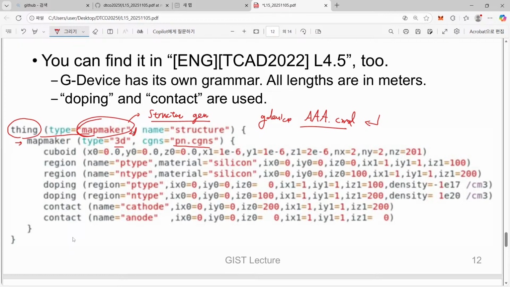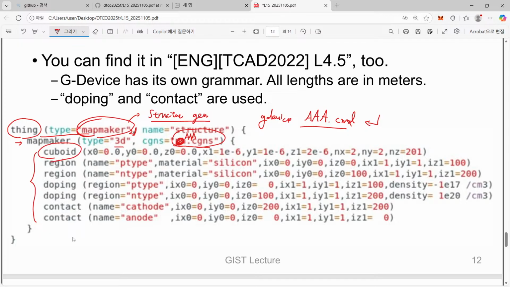Simply speaking, instead of this pn.cgns, if you type AAA.cgns, then you will have a structure named AAA.cgns. So you can change this one. And the remaining parts are quite clear. Inside it, we have a cuboid.